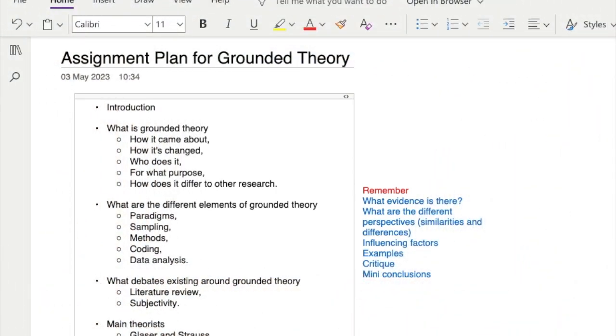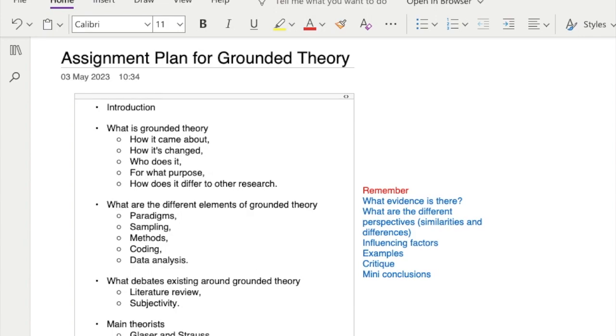So what I've done now is I've taken that mind map that I just organised and started to look at the order that I would like to write the assignment in. Now, it's really difficult to do that on a handwritten mind map.